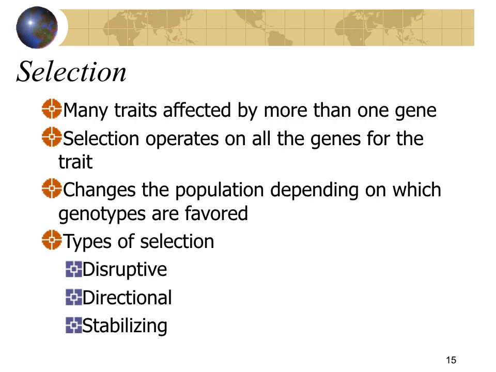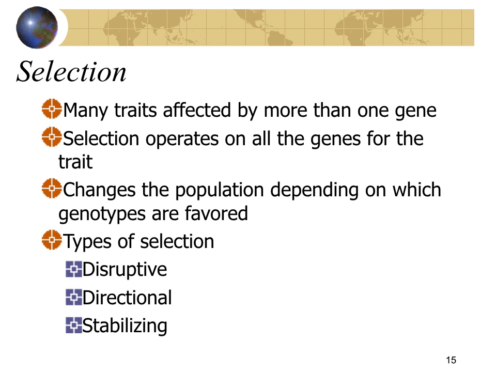So selection can also, we should talk about selection, because it can be somewhat different than that simple case, in that often several traits are affected by one gene, and selection has to operate on all those genes.